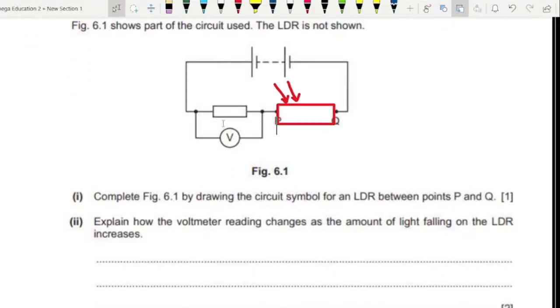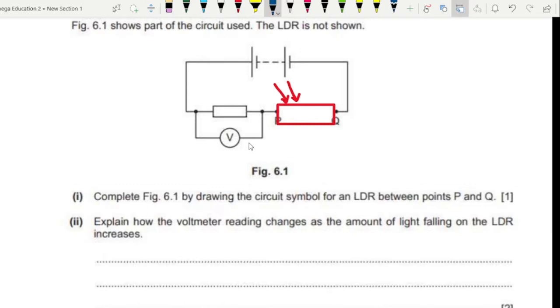So this one was for 1 mark. Explain how the voltmeter reading changes as the amount of light falling on the LDR increases. Now you have to be careful with this one, because the effect of changing the light is not going to affect the voltage directly, because the voltmeter is not connected across the LDR.